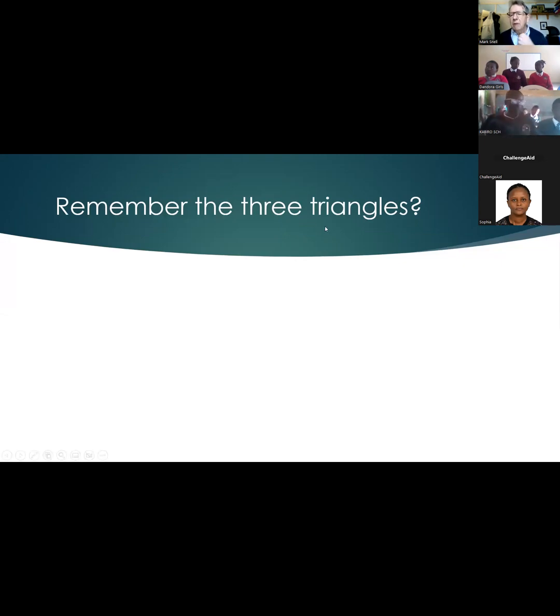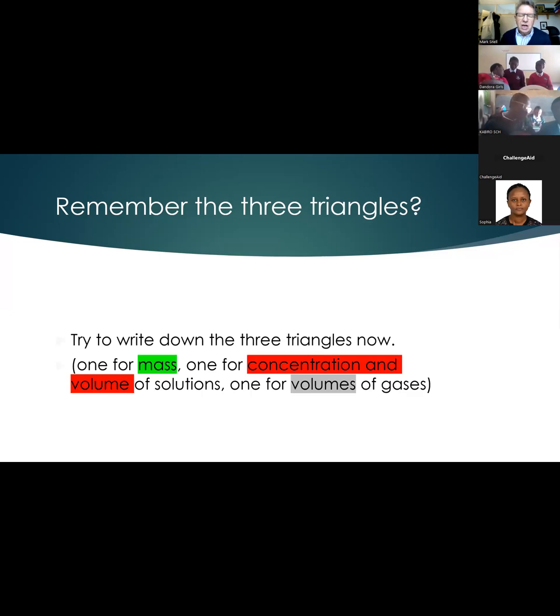how to calculate moles. So what I'd like you to do now is just to try to remember these 3 triangles. Now the 3 triangles, one was for masses, and it used a relative formula mass, or RMM or RAM. One was for concentration and volume of solutions, and the last one was for volume of gases.